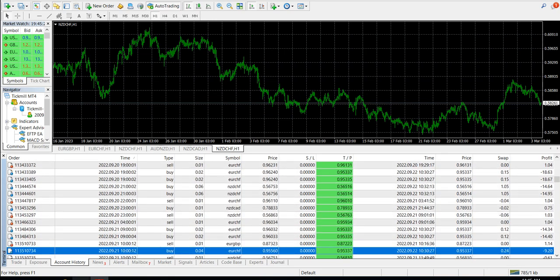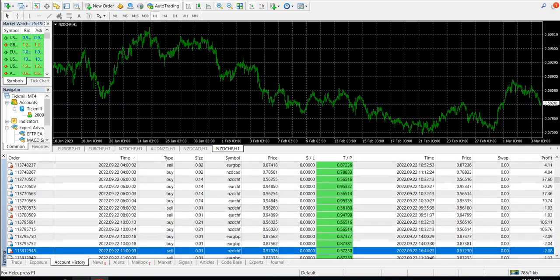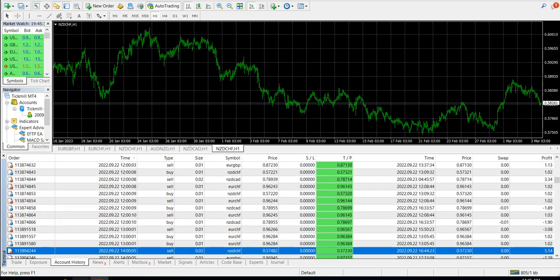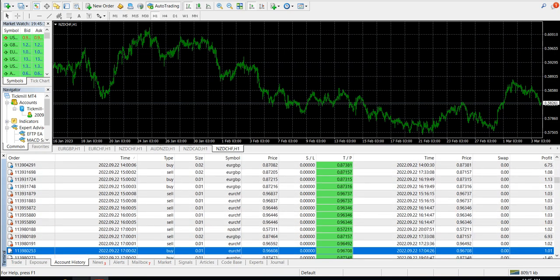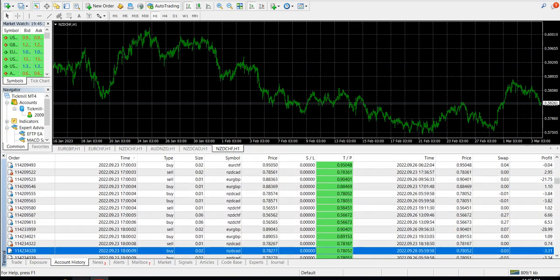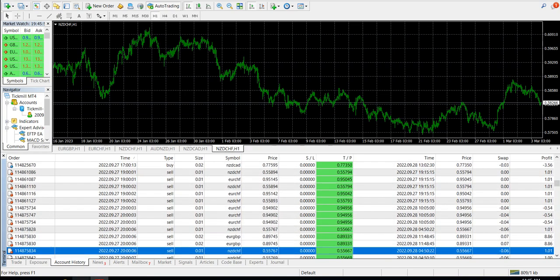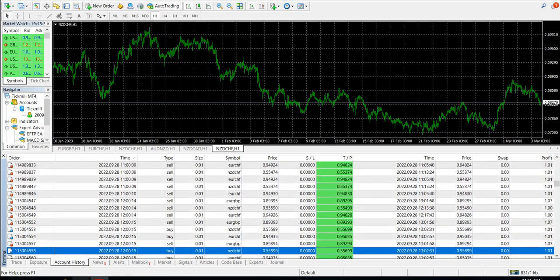This will help, because if there is any sudden thing that happens with one currency, say something bad or good happens with the Australian dollar, and you are using 5 Australian dollar pairs together, then it will impact all of them. Similarly, if you are using USD pairs like Euro USD, GBP USD, Australian dollar USD, New Zealand dollar USD, USD Swiss franc, USD JPY, or USD CAD, and something good or bad happens with USD, it will impact all of them together.